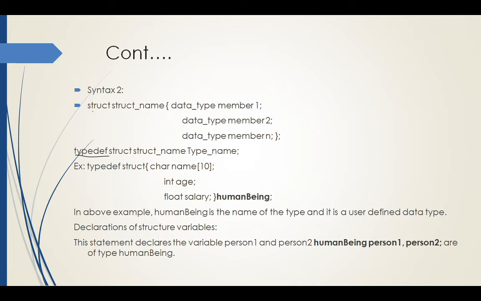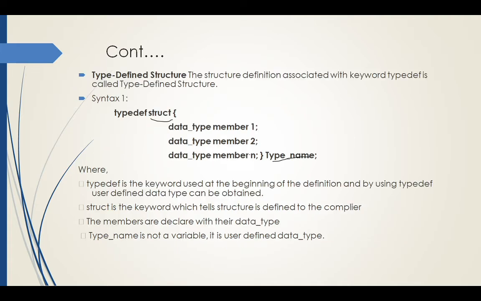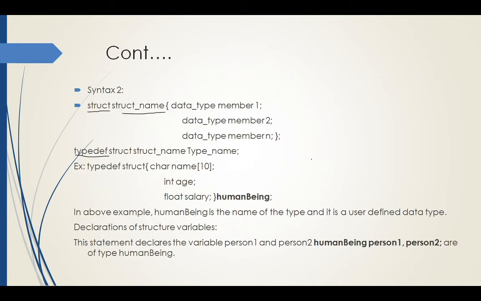In this case, first you declare the structure with the keyword struct, followed by a structure name, then you declare the members. In the previous slide you had given the type name then a semicolon, but in this case you are using typedef struct, the structure name and the type name.